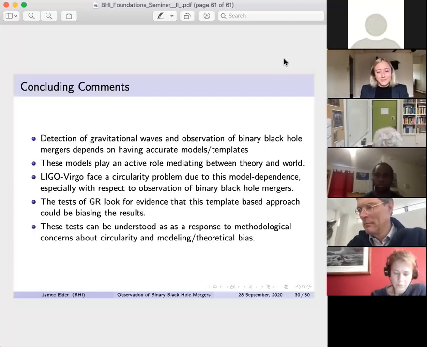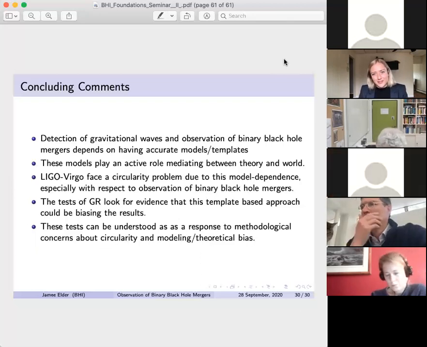So at least on a very coarse-grained level, it seems that things are working well. Once you get into the nitty-gritty of determining exactly the nature of the source system, things like the individual masses and spins, which are very difficult, I'm not sure I can really comment on exactly how under control things are there.